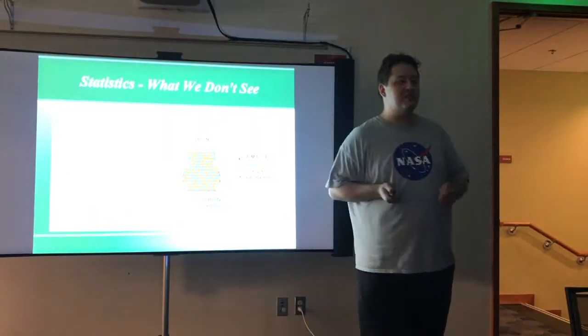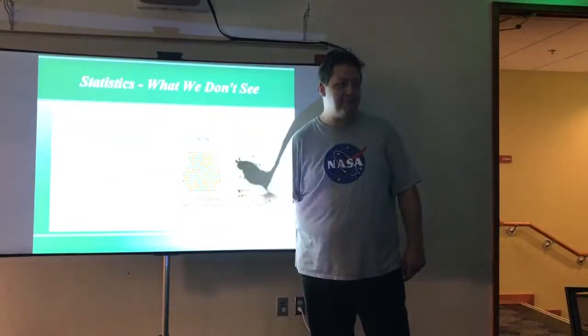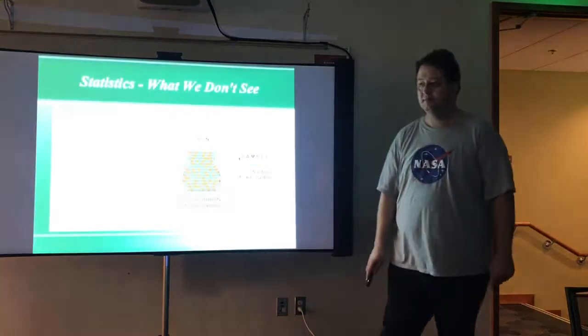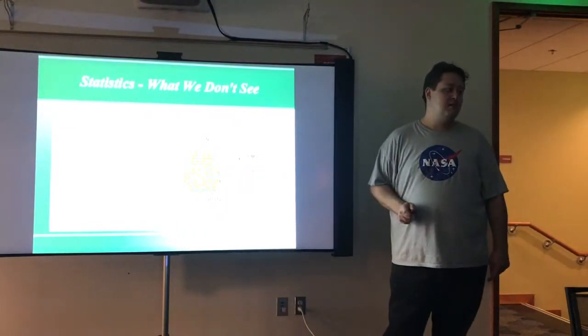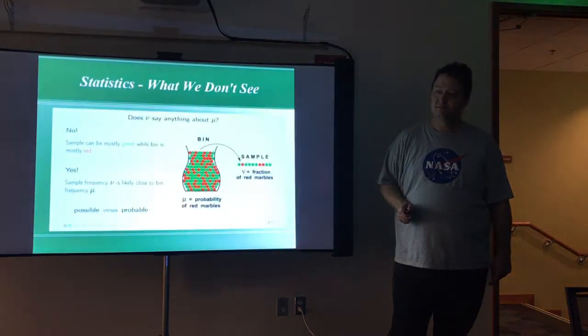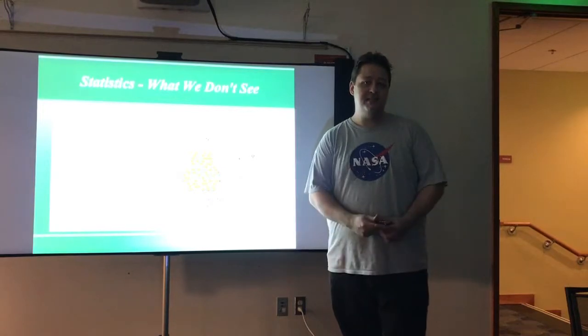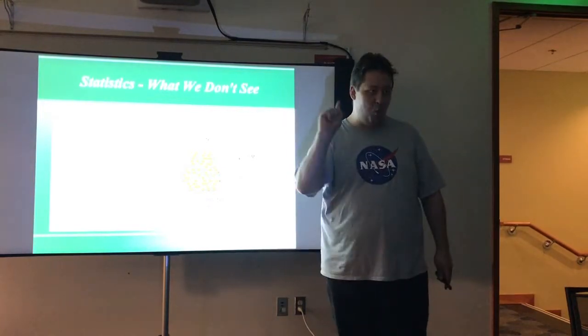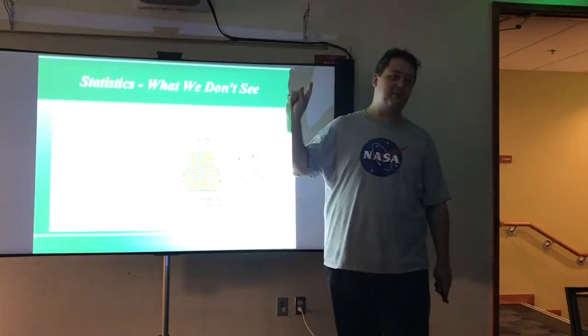These two answers reflect the possible versus the probable. It is absolutely possible to get all red out of your sample regardless of what the bin contains. The only bin that cannot produce all red is the bin that is all green. If there is one red, I can get a sample of all red because I'm using replacement.